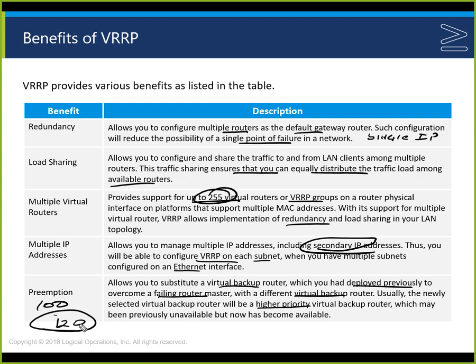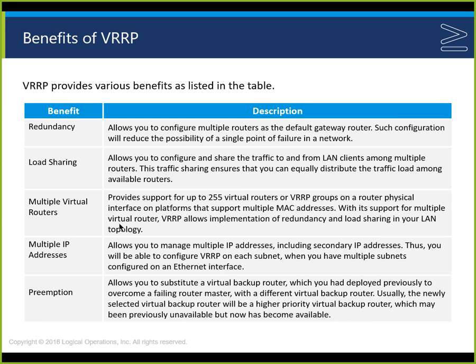If this was the highest priority when we fixed it, since in VRRP preempt is enabled by default, it would resume the duties as the primary router, so that it would then be the one carrying the load. The others would then be waiting for it to fail in case they're actually needed.